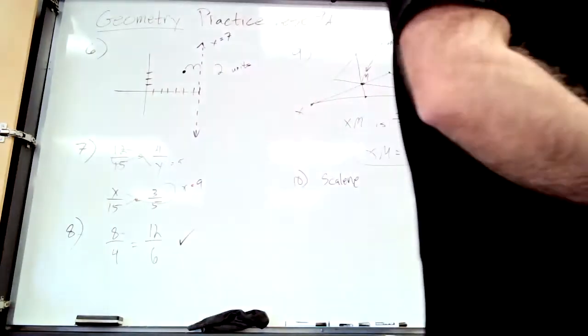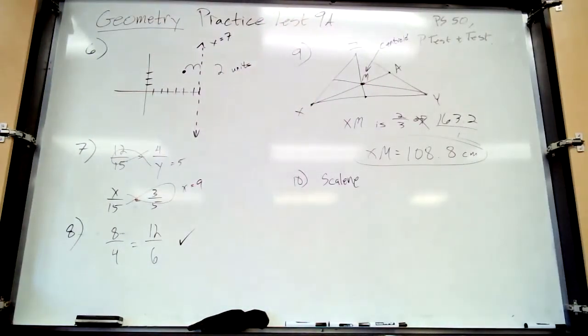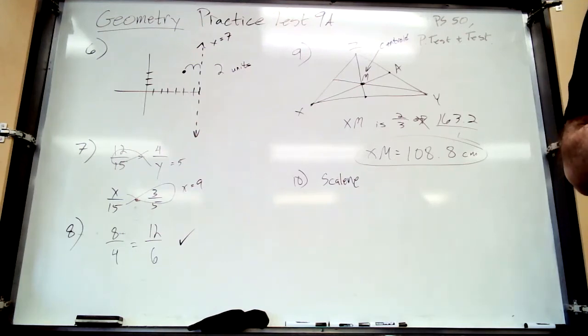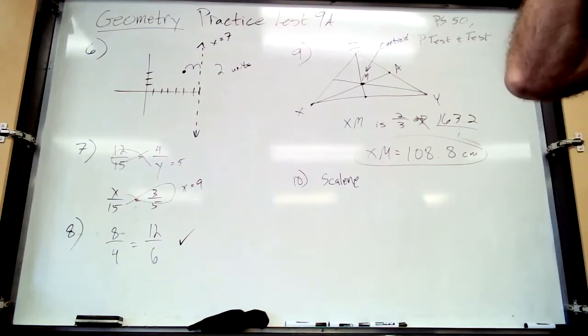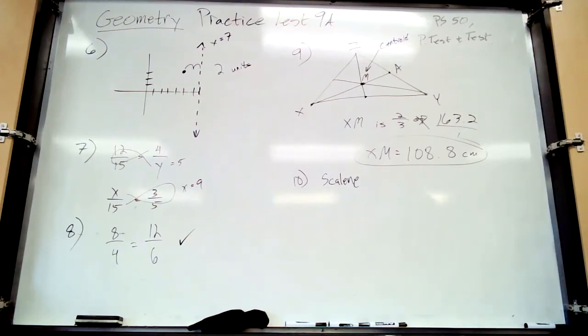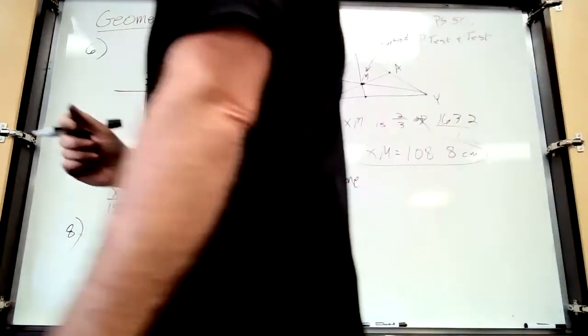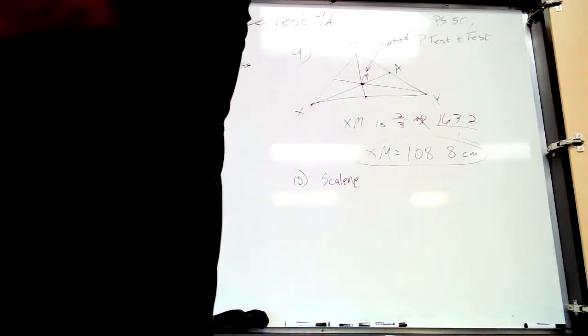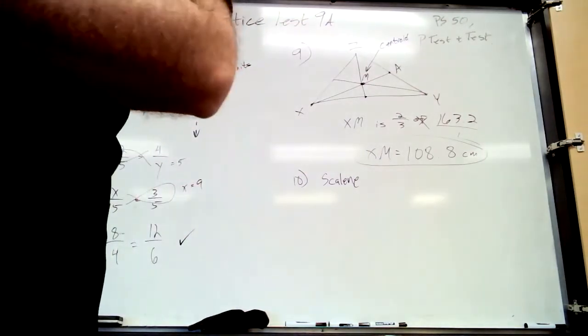Now we have to see whether it's a right, acute, or obtuse triangle. So it's not a right triangle, right? Because 15 squared does not equal 8 squared plus 12 squared. But now we have to figure out whether it's acute or obtuse. So what's 15 squared?